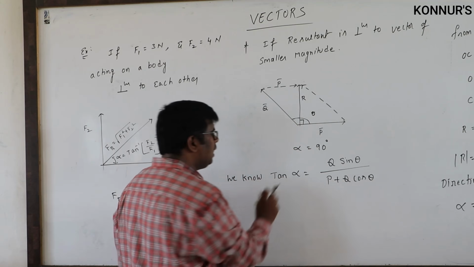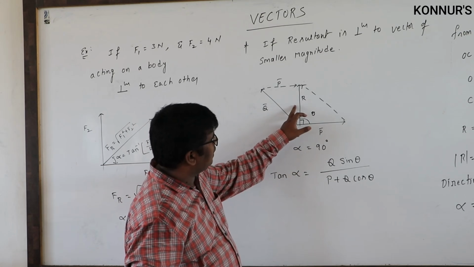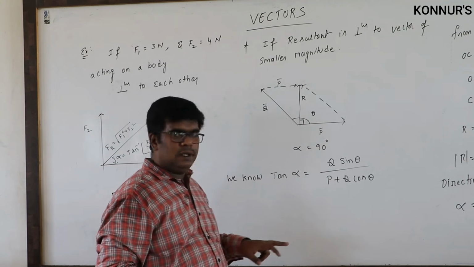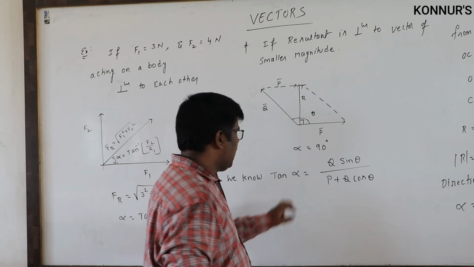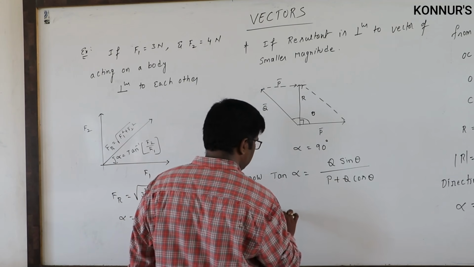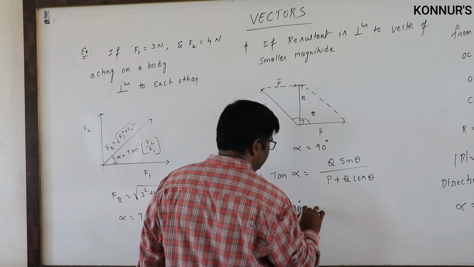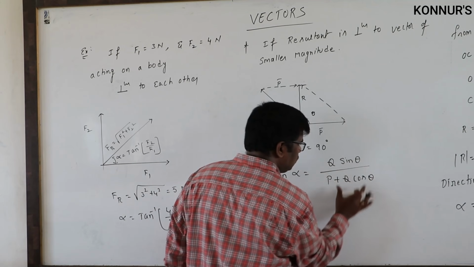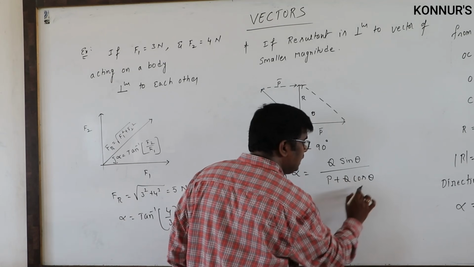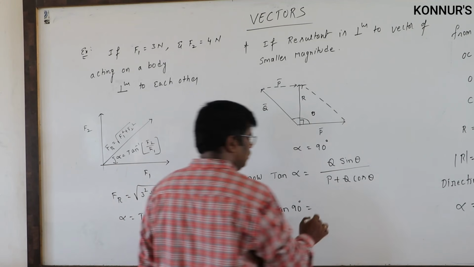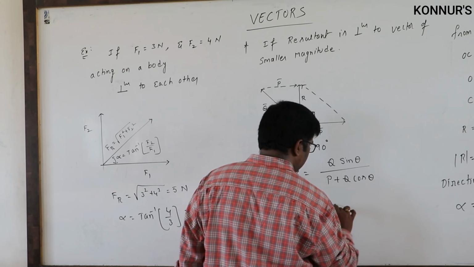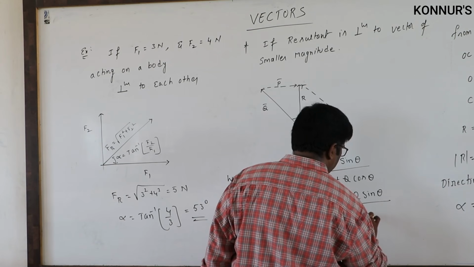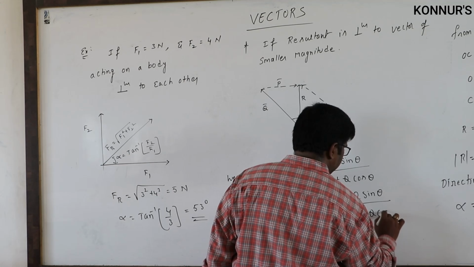Here alpha is the angle made by the resultant with p bar, that is 90 degrees. So tan 90 is infinity. Infinity comes in the ratio when the denominator quantity is 0. So tan 90 is infinity, then it is equal to q sin theta by p plus q cos theta.